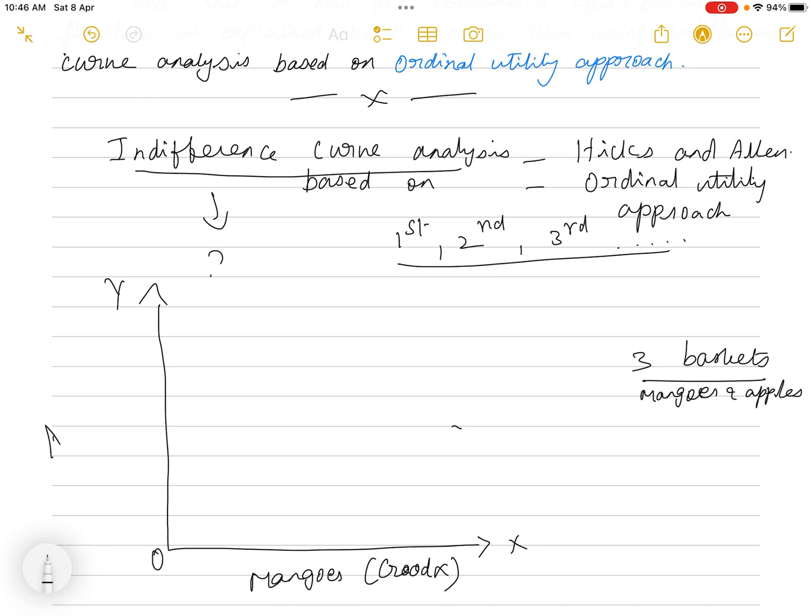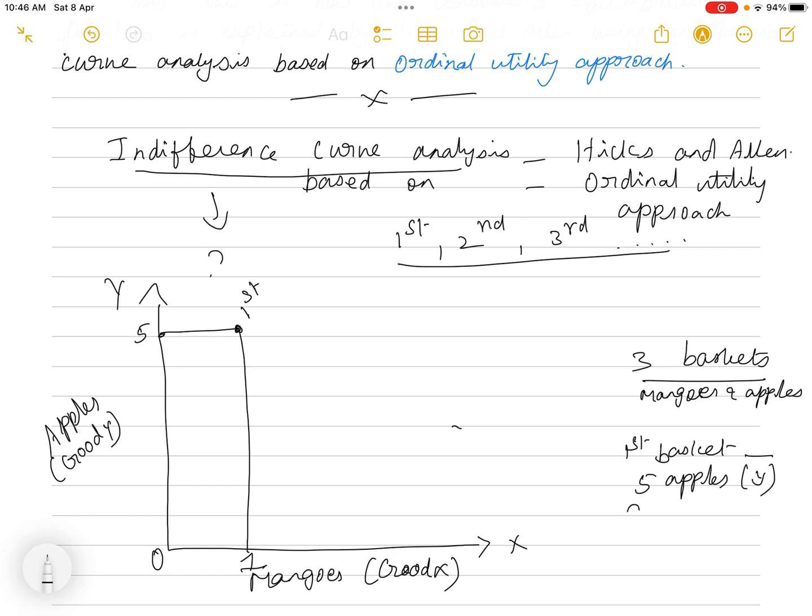Let us assume the x-axis is good X, mangoes, and the y-axis is good Y, apples. The first basket has 5 apples, that is 5 units of good Y, and 1 mango, that is 1 unit of good X. This is the first combination.